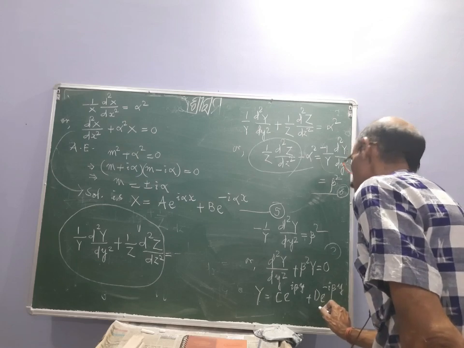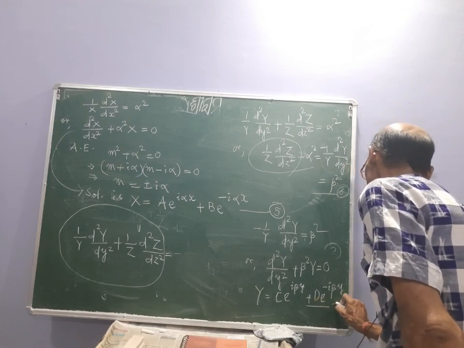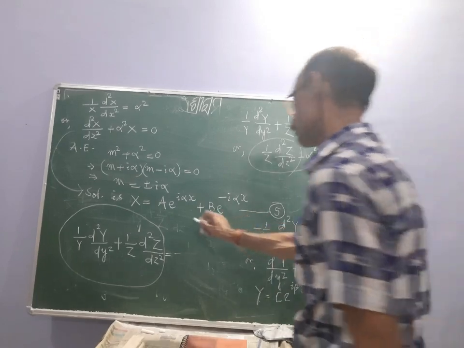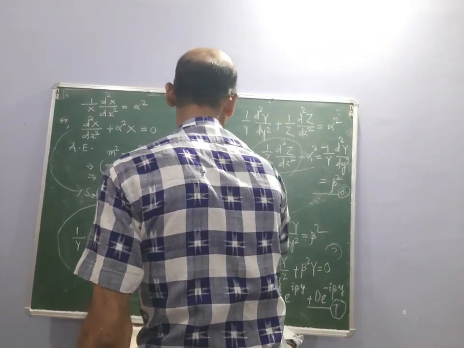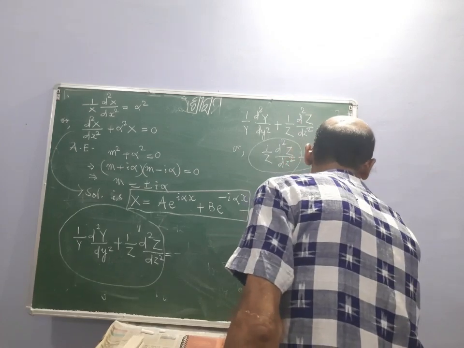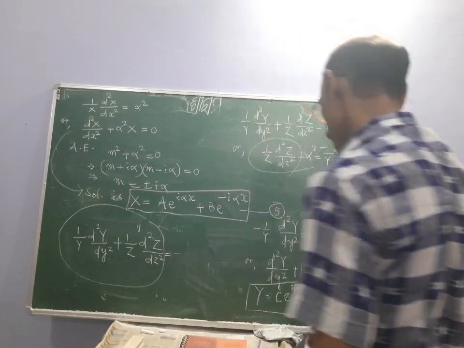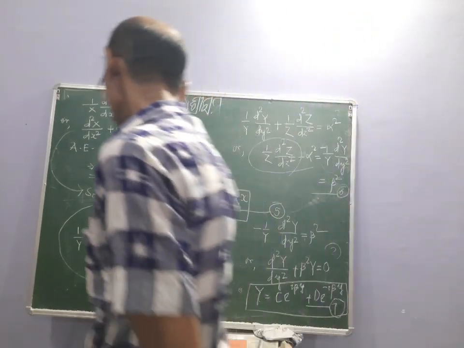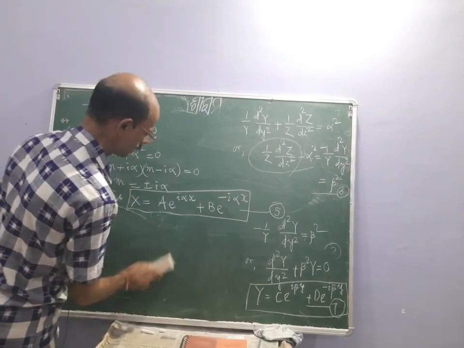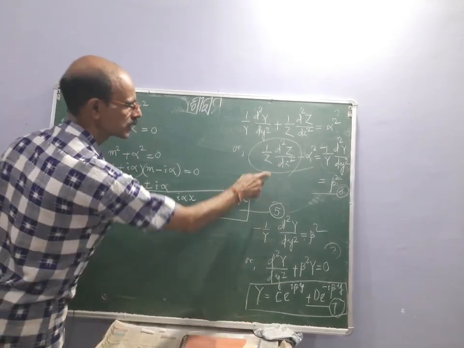Let it be equation number 7. So in equation 5 we obtained capital X, here we obtain the expression for capital Y. Now for capital Z, let me again come back to equation number 6.